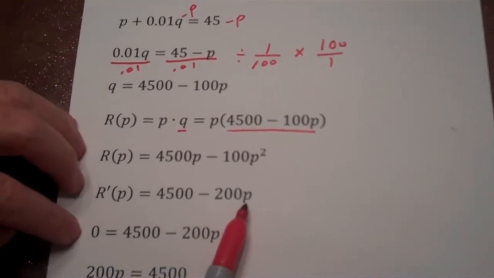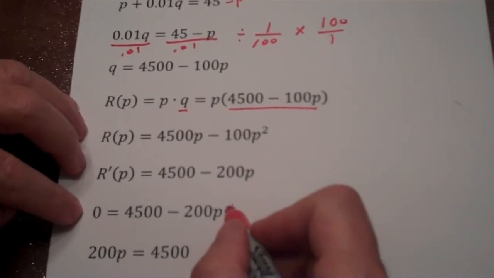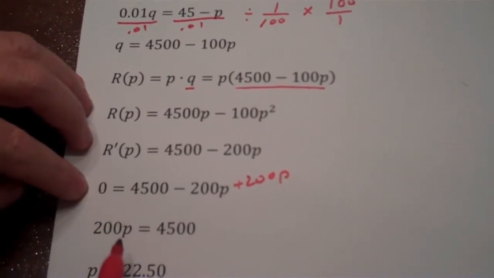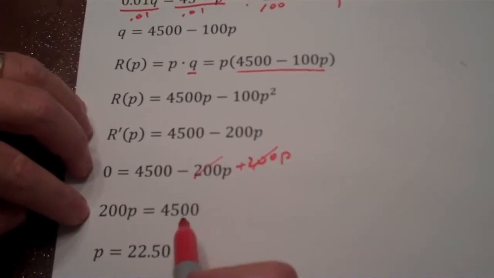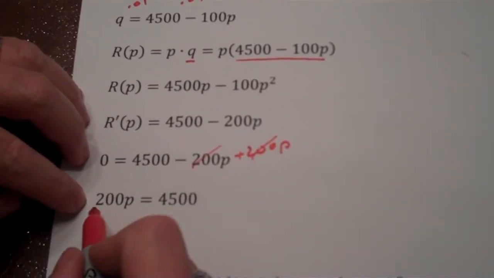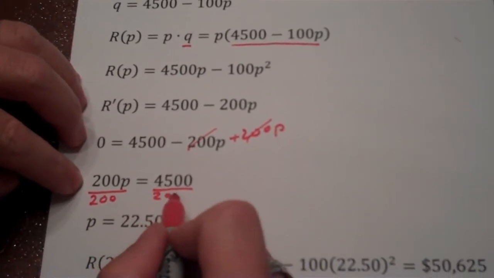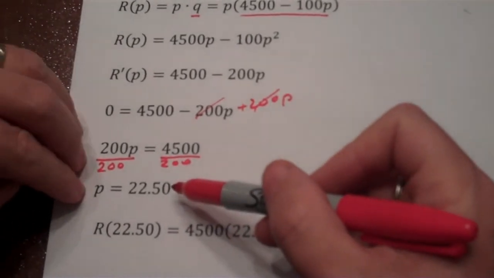Now, let's go ahead and set that equal to 0 and solve for P. First thing again is I will add 200P to both sides of my equation. On the left, I'll have my 200P. On my right, these cancel and I'm left with 4,500. Finally, I divide both sides of my equation by 200, which leaves me a price of $22.50.